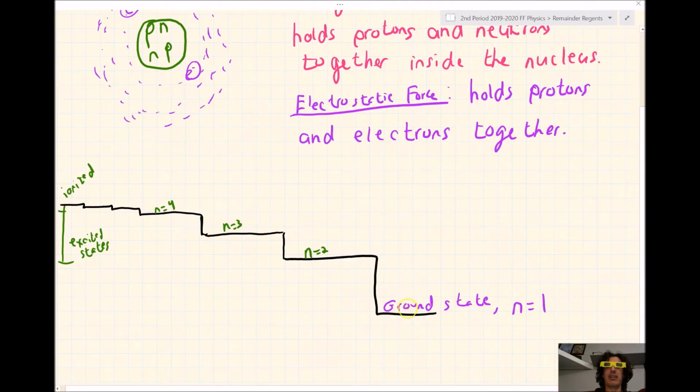So if it wants, it can go from n equals 1 all the way to n equals 4. Now, if you're a human being walking up the staircase, we have to lift our leg up that step all the way to n equals 2, or if you're me, go from n equals 1 all the way, stretch that leg out to n equals 4.